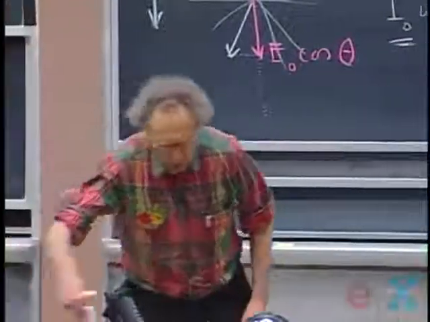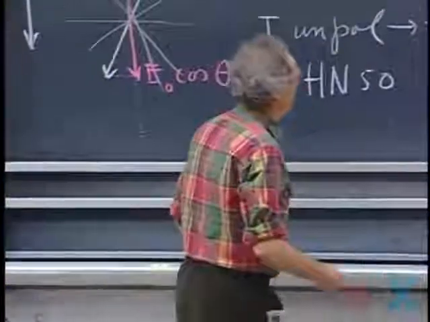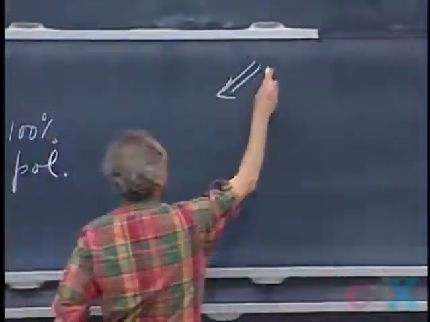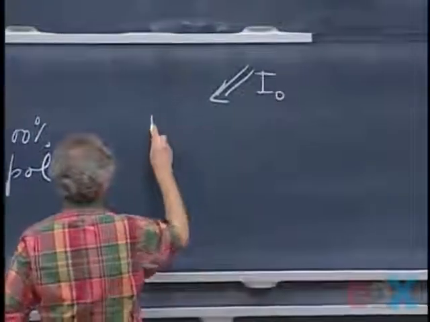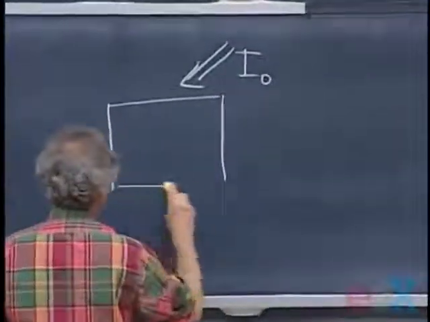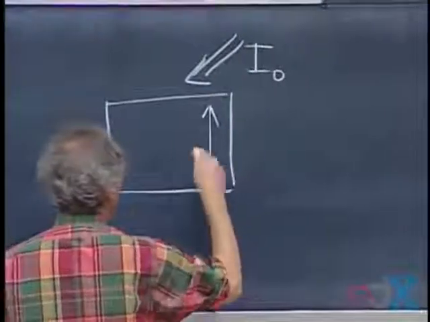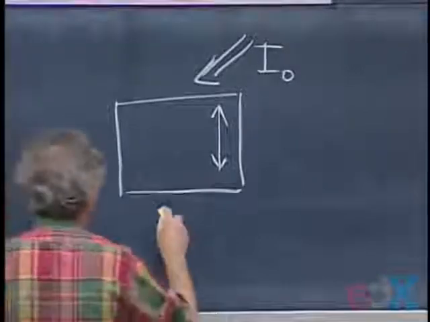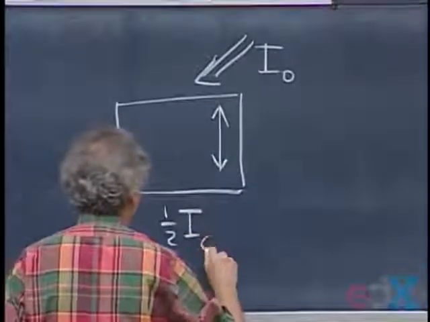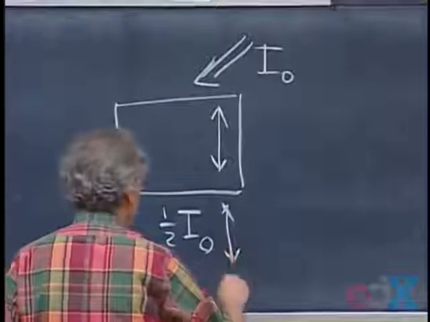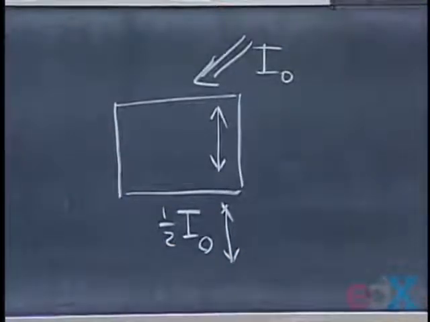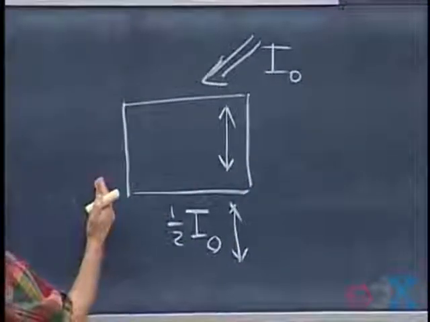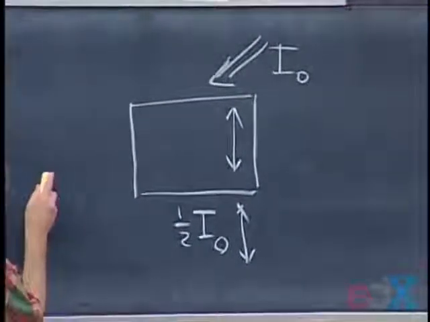So what I will do now, I will take unpolarized light, and I will have this light coming straight out of the blackboard, perpendicular to you, with strength I0, and here is one of my polarizers, and the light that comes through here is linearly polarized in this direction. And so we already know that 1/2 I0 will come through if it is an ideal polarizer. I take a second sheet, an identical one, I put it also in the plane of the blackboard, but I rotate it over an angle theta.